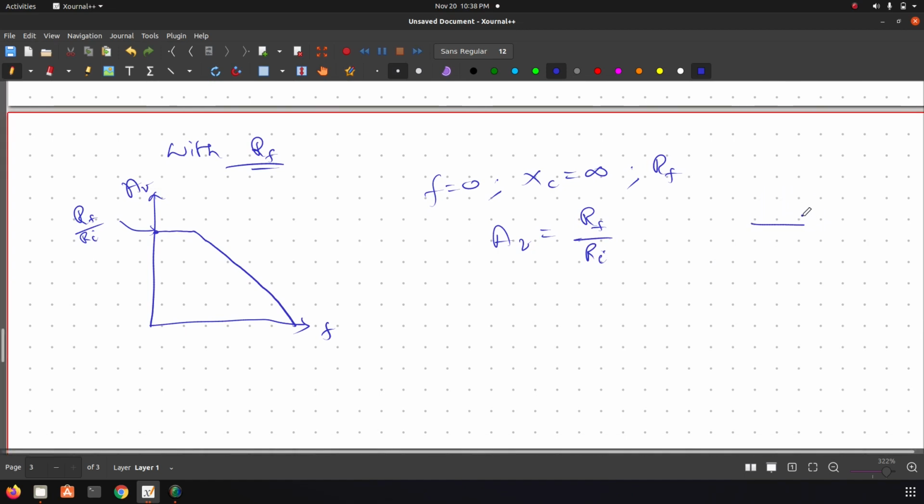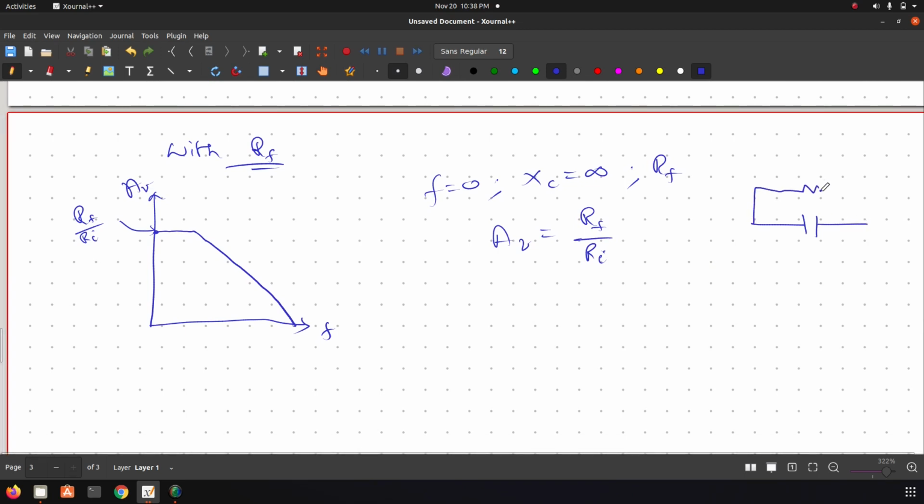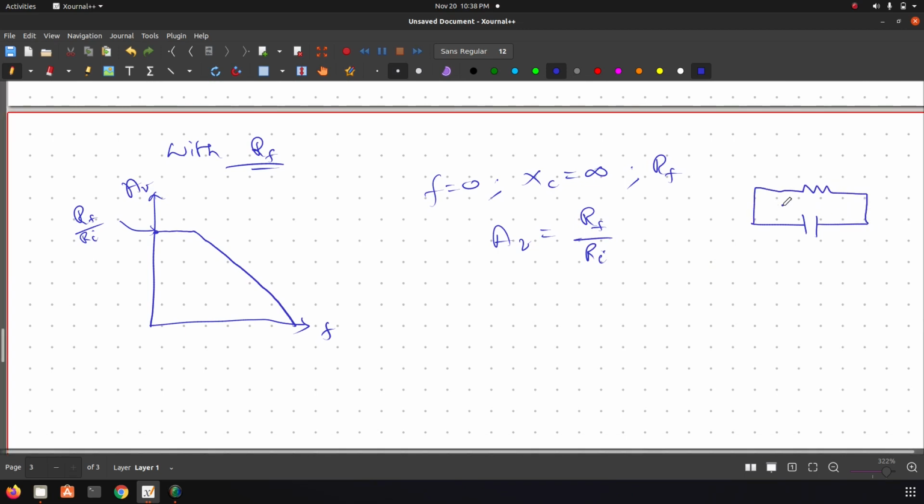Here we have a capacitor, and in parallel we have a resistor. Therefore we have a parallel resistor-capacitor circuit. So this is what is fed to the feedback loop. When this circuit is open, the resistance is equal to RF.